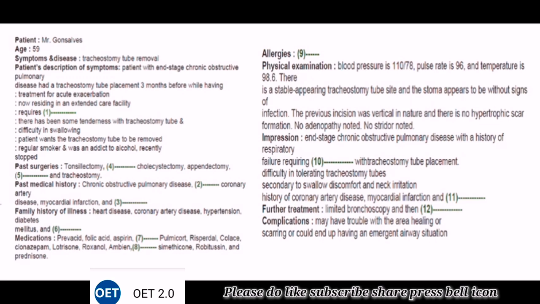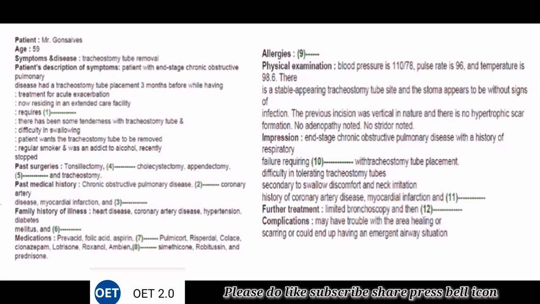Well, physical investigation shows that blood pressure is 170/78, pulse rate is 96, and temperature is 98.6. There is a stable appearing tracheostomy tube site and the stoma appears to be without signs of infection. The previous incision was vertical in nature and there is no hypertrophic scar formation. No adenopathy noted. No stridor noted.